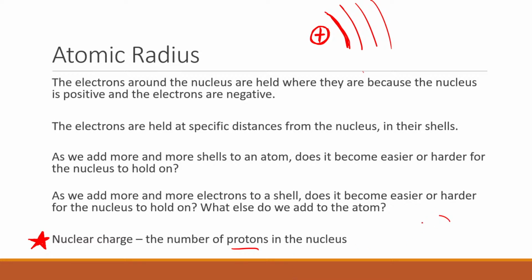Because if we're talking about nuclear, I'm talking about the nucleus, and then the charge, we have protons in here and neutrons in here. Neutrons have no charge, so they are not going to be contributing to something called nuclear charge. So all we're left with is how many protons there are. All right, it's always going to be positive, and it's always going to tell you how many protons there are.